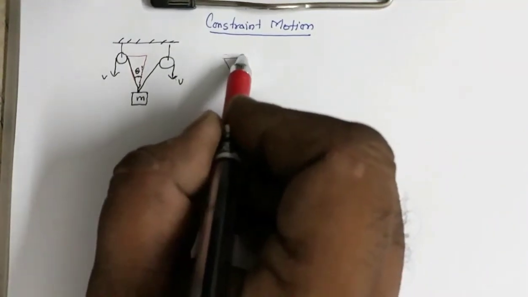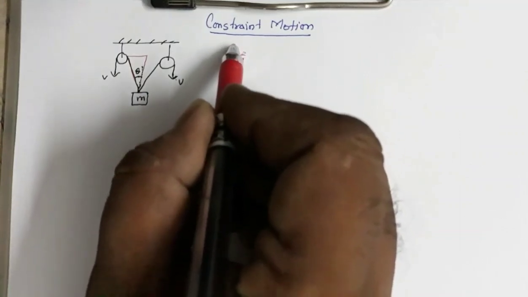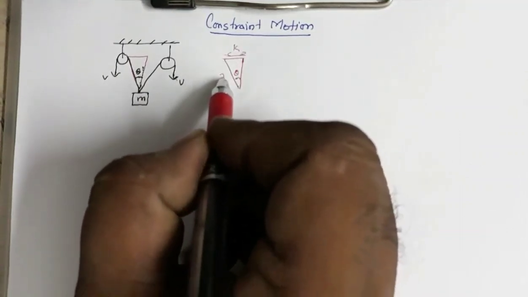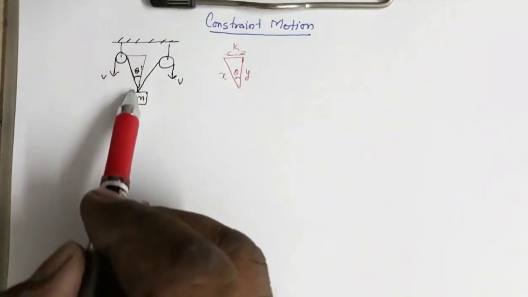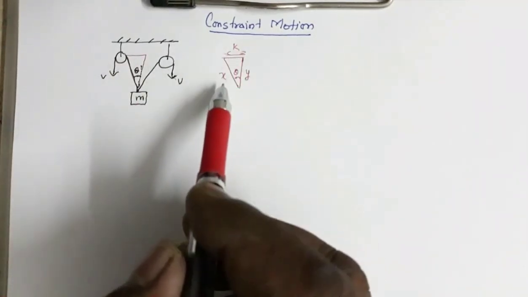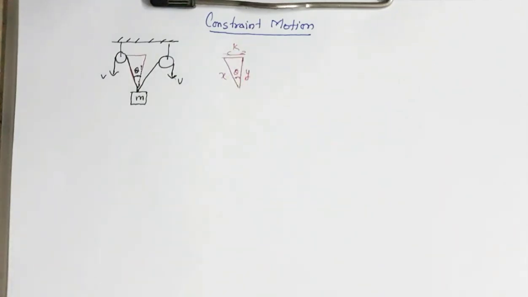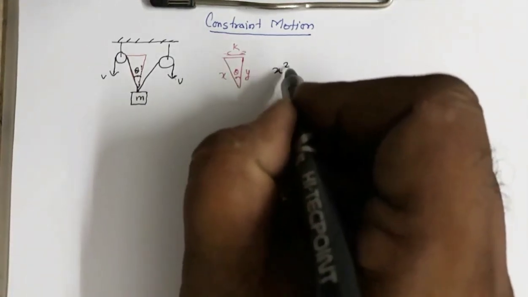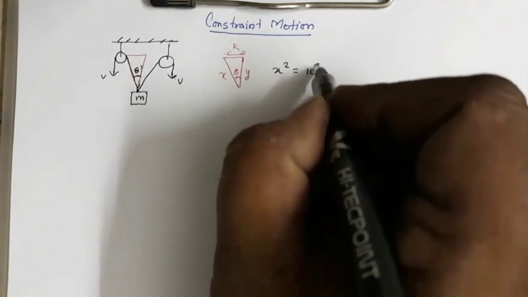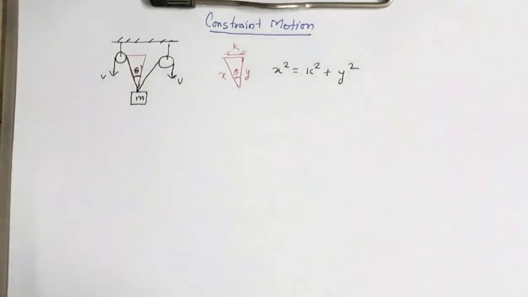Let's say this distance is k, this is x, and this is y. So for this triangle, three sides we have marked as x, y and k. Now if we use Pythagoras theorem, we have x square is equal to k square plus y square.